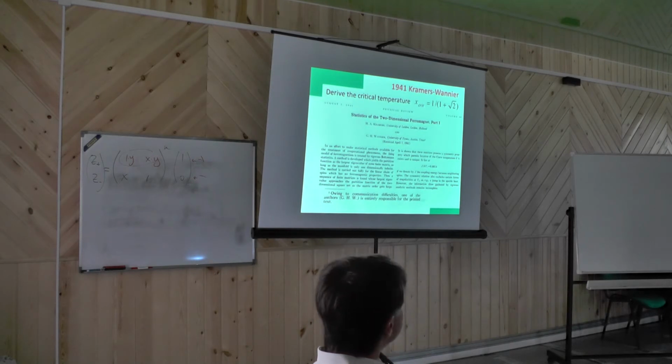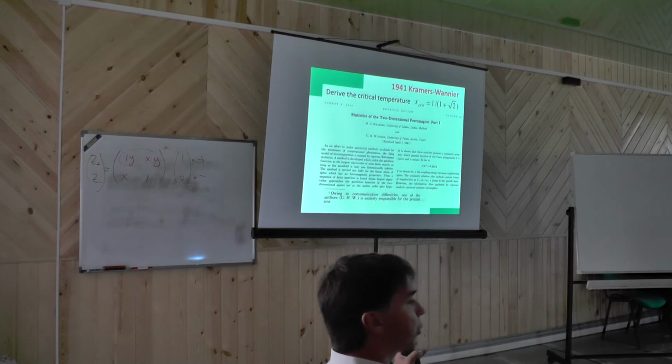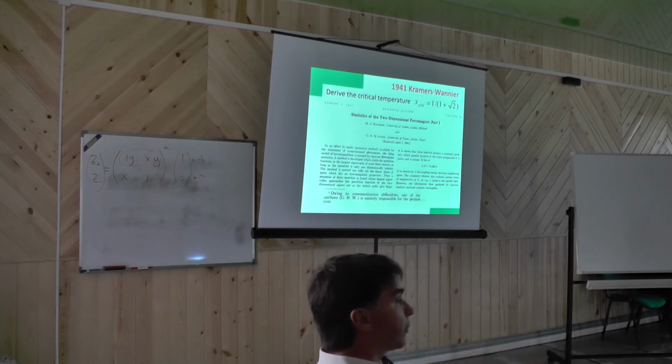So it became clear at that moment that there is something special with dimension 2. I will speak a little more about it later, but essentially dimensions 2, 3, 4 are the same qualitatively. You have a critical temperature, you have a phase transition, but in dimension 3 we cannot calculate it, it's some transcendental number. And in dimension 2 we can calculate it exactly.